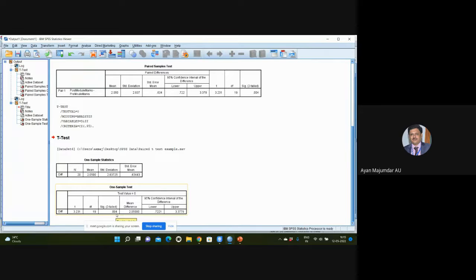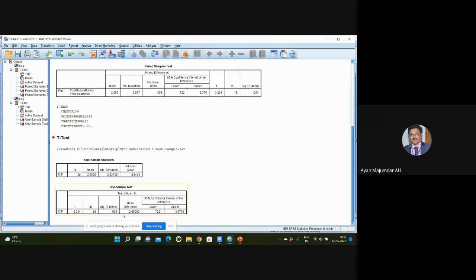Significance, that is the p-value, is 0.04 as here. So since 0.04 is less than 0.05, we reject the null hypothesis and accept the alternative hypothesis. So the paired t-test situation can be converted. If you take the difference, you can use the one sample t-test also to get the same result.